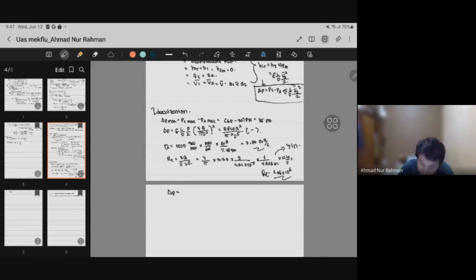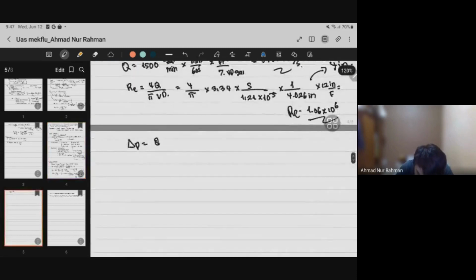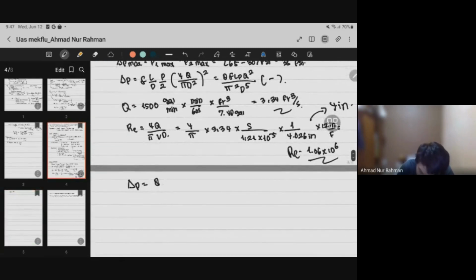this equation. So we begin with f l rho q squared per pi squared d^5, because this is a really long equation, so I can simplify my work.